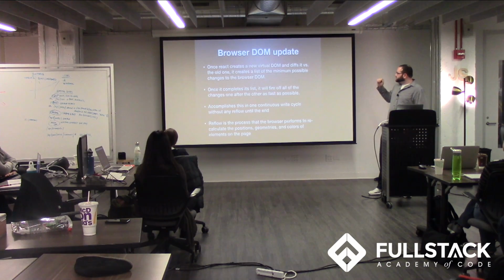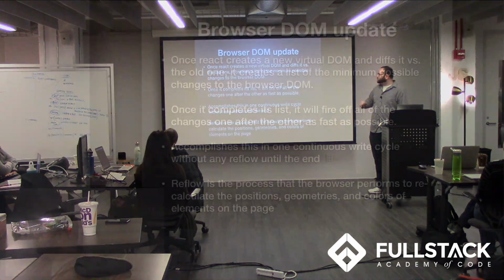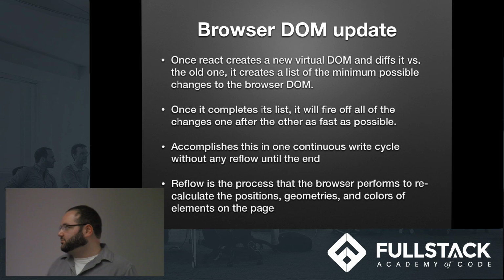Okay, now this is a little bit about how React updates the actual browser DOM. So it creates a new DOM, it diffs it versus the old one, and then it creates a list of the minimum possible differences to change the browser DOM to what it's supposed to look like. Once it completes the list, it'll fire off all the changes in rapid succession, no reads, all writes.